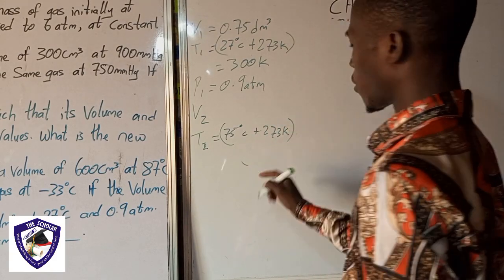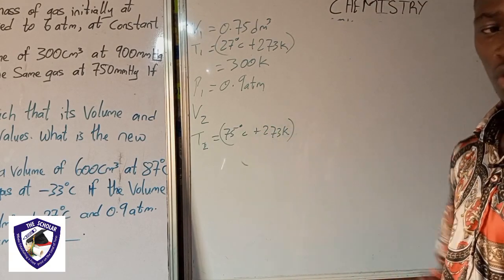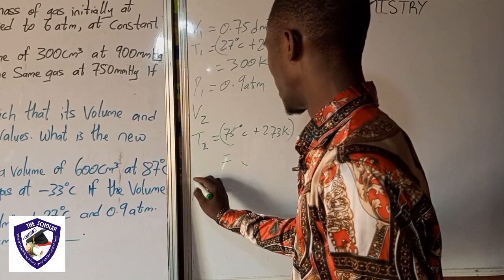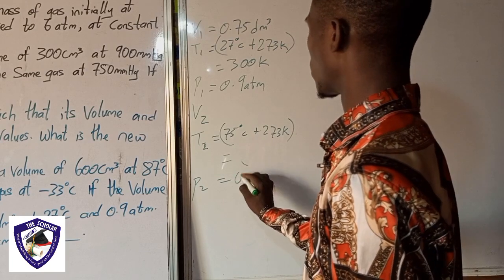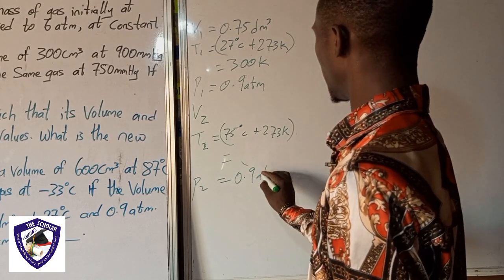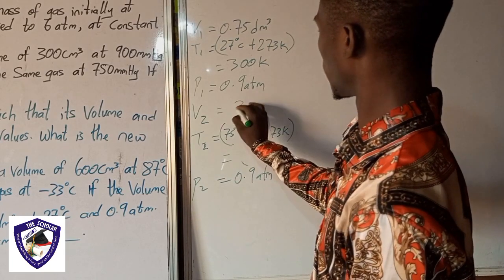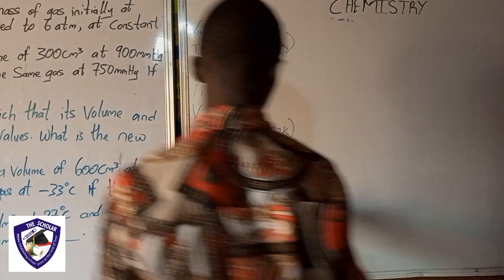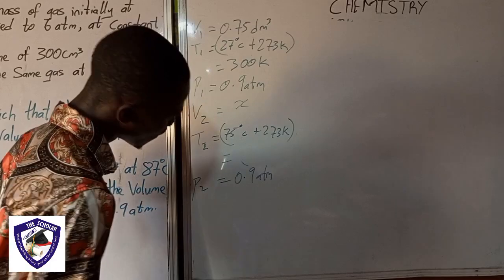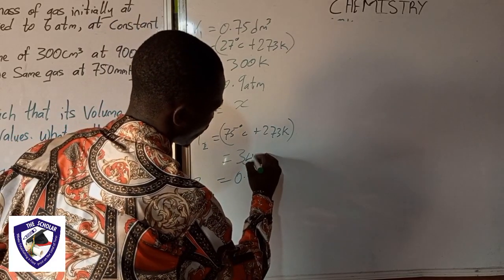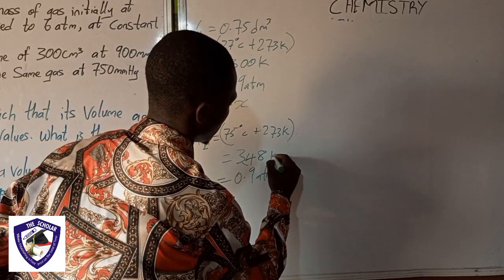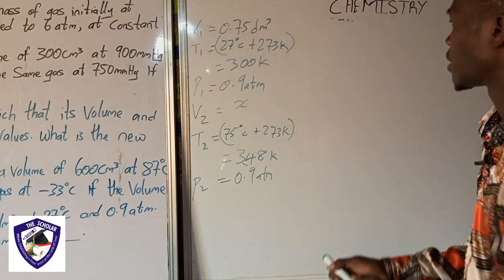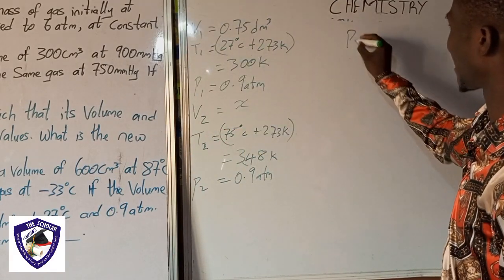Don't forget that we are converting from degrees Celsius to Kelvin. And 0.9 atm, it means our P2 is equal to what? 0.9 atm. We are looking for V2, x. 75 plus 273, that is 348 Kelvin. Now we have pressure, volume, and we have the temperature, which means we are using the general gas equation.